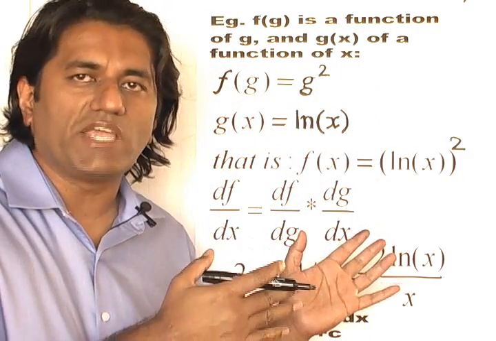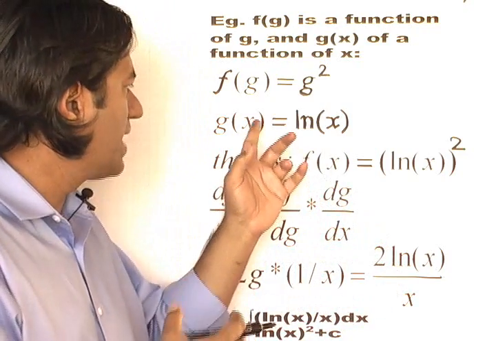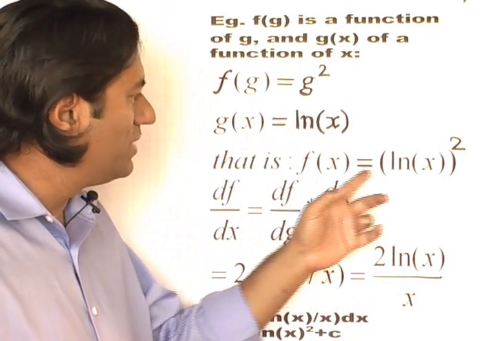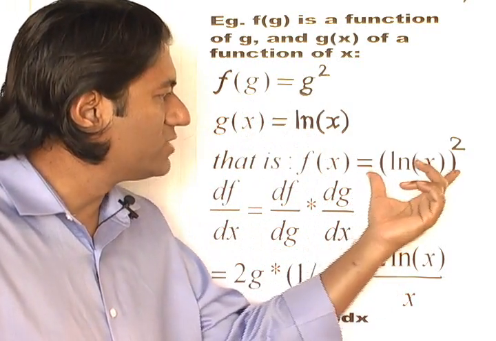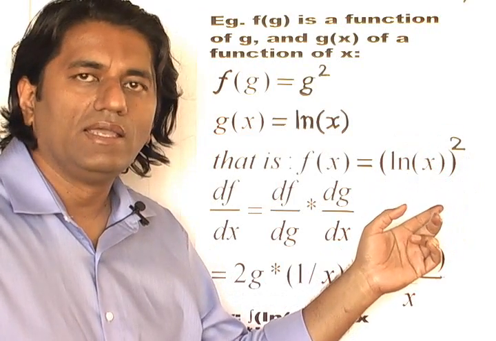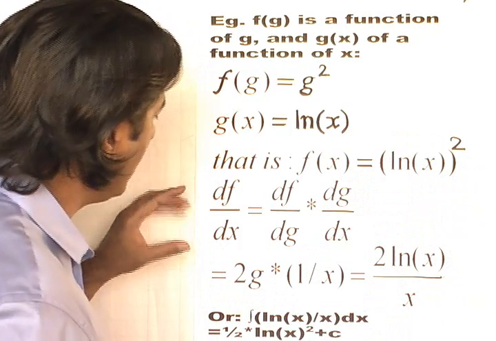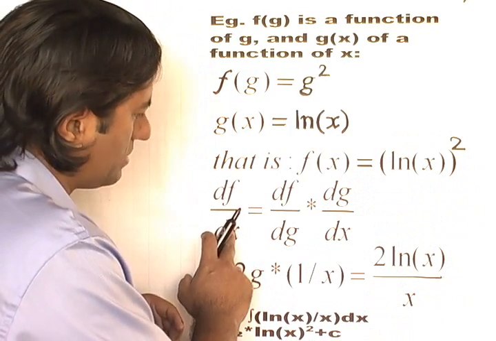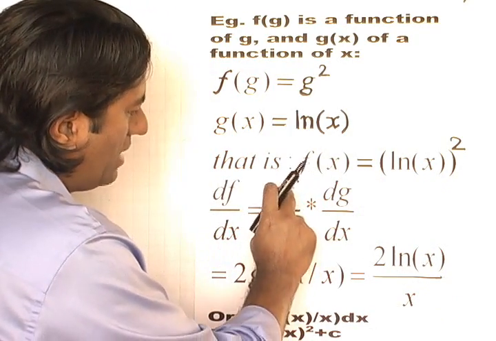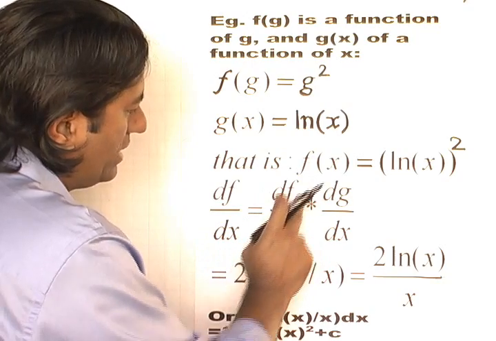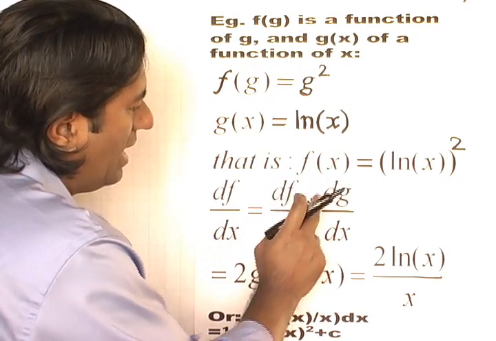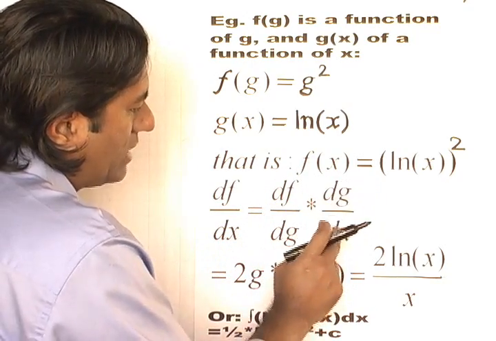So you can use the chain rule to calculate the derivative of (log x) whole squared. What you would get is that df by dx equals df by dg, the derivative of f with respect to g, into the derivative of g with respect to x.